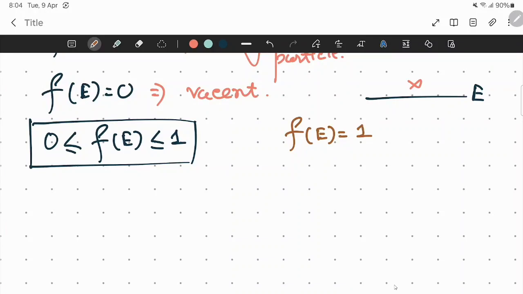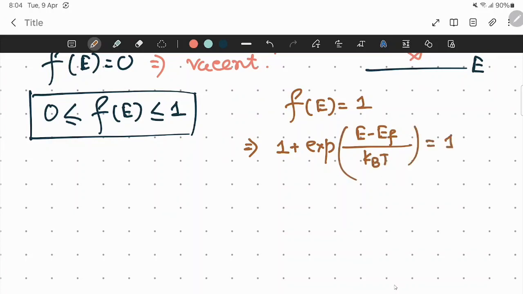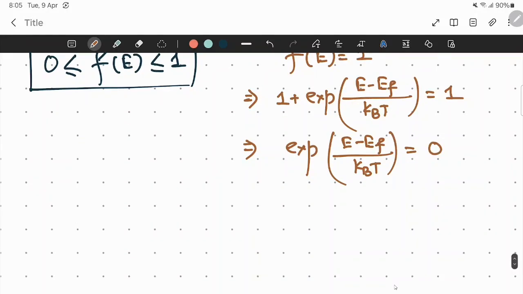Correct. So one thing you can derive from here easily: when F equals 1, what will be the condition? It essentially means that 1 plus exponential (E minus EF) divided by kBT should be 1. So this exponential (E minus EF) divided by kBT should be 0. It will be 0 when the temperature T tends to 0.